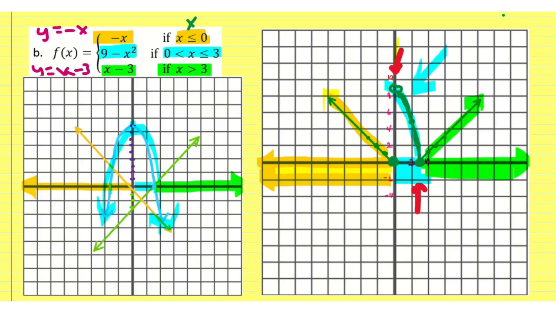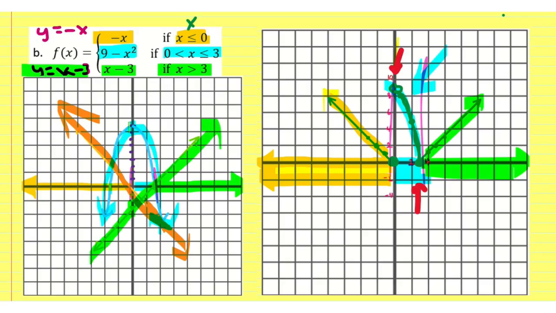But we restricted the domain to between 0 and 3, and that's the reason why we only drew this piece of that parabola. And again, this first one, y equals negative x, is what that looks like if we draw the whole thing. And then this one right here, y equals x minus 3, means it goes through negative 3, its y-intercept, but it has a positive slope.